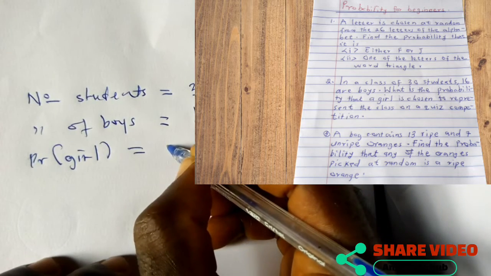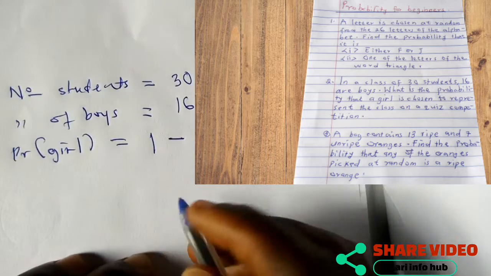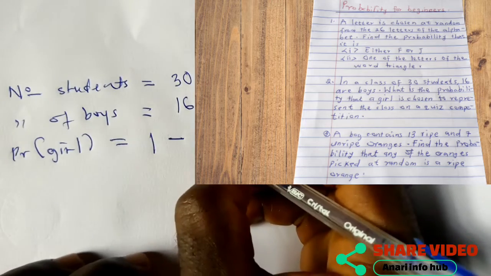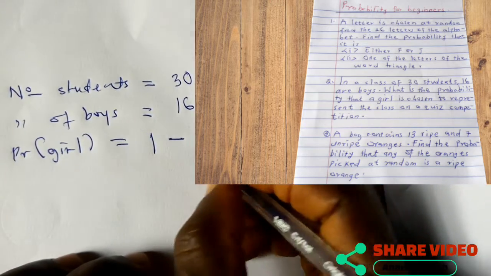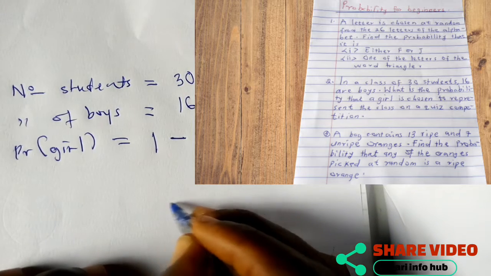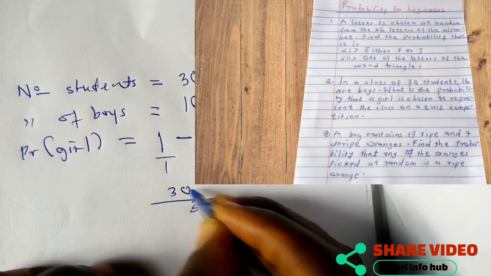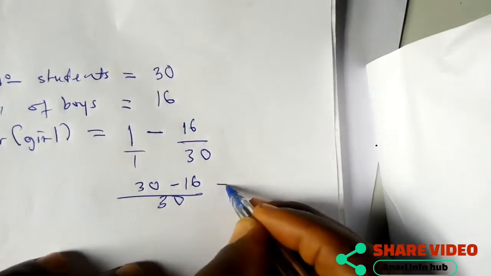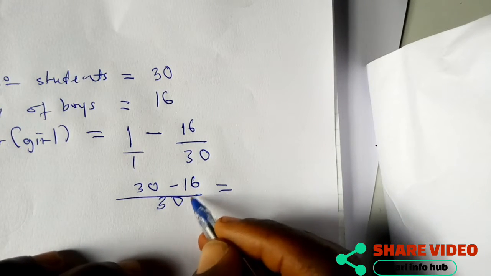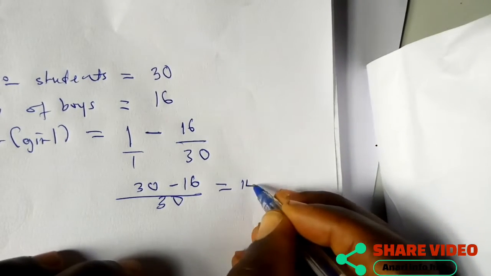So the probability that a girl is going to represent us in the competition will be equal to 1 minus the number of boys over 30. Now your LCM here is 30, you can say over 1 here. So we have 30 minus 16, and 30 minus 16 should give us 14.